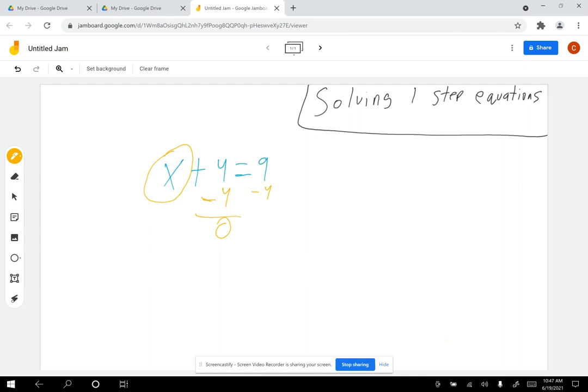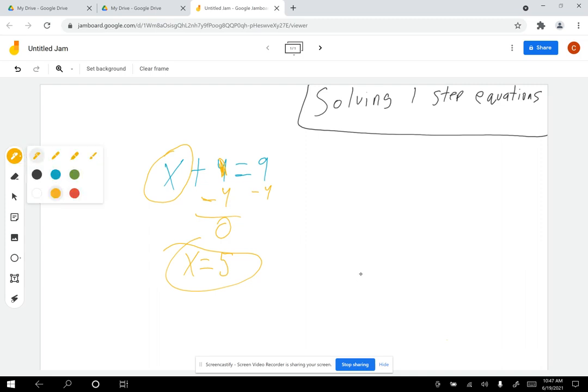So I subtract 4 from the left side so that the 4 cancels, but because I did that to the left side, I have to subtract 4 from the right side. And when I do that on the right side, I have to combine like terms. Because 9 and 4 are just constant terms, I'm going to subtract 9 minus 4. So I would be left with, at the end, x equals 9 minus 4, which is 5. So my answer has to be 5.